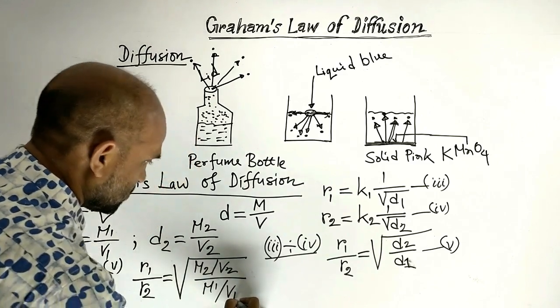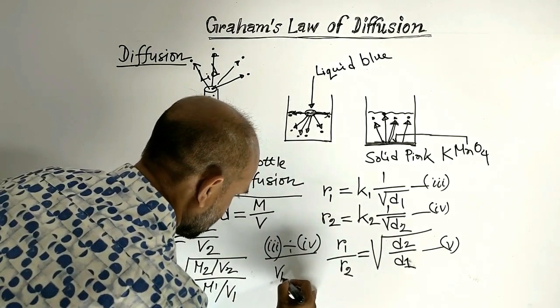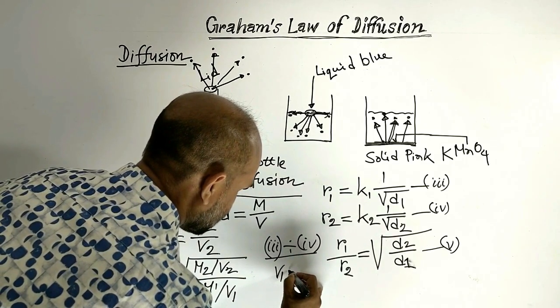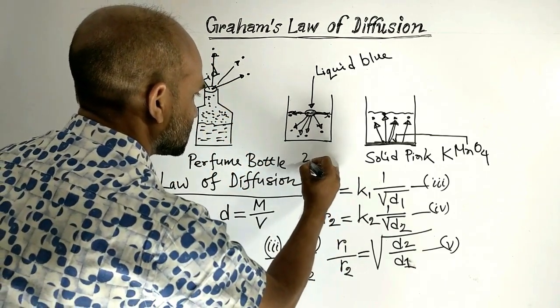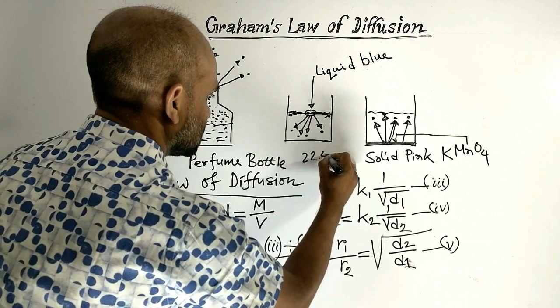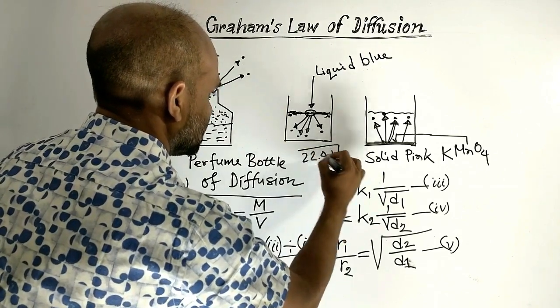We know molar volume of any gas is 22.4 liters at STP.